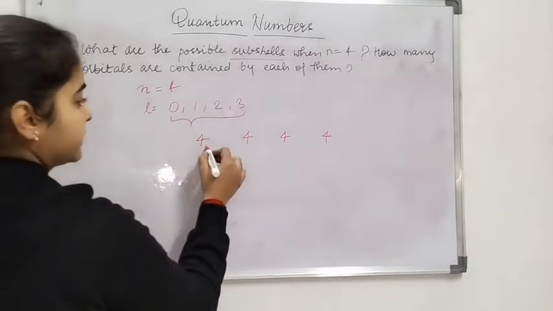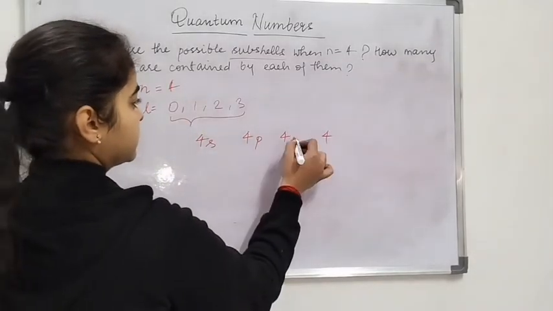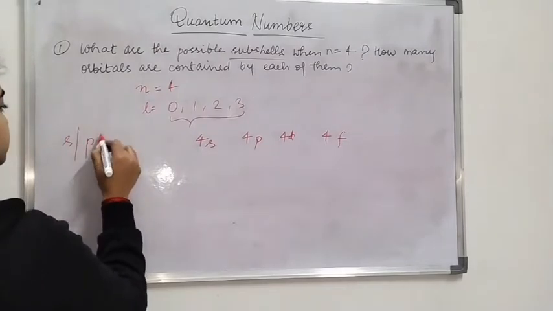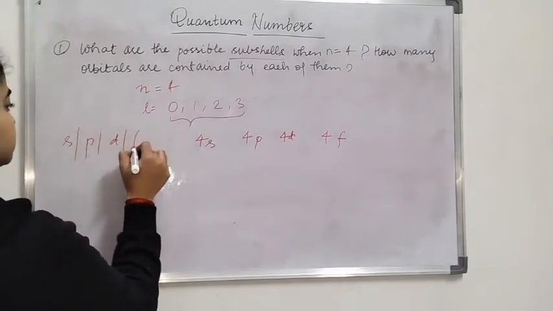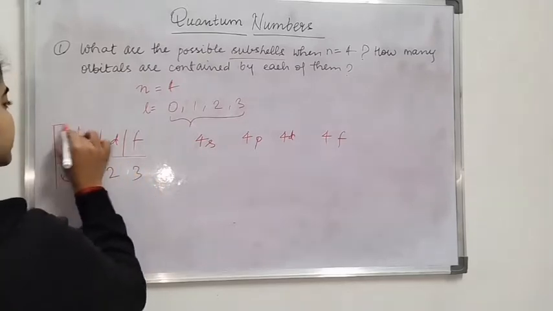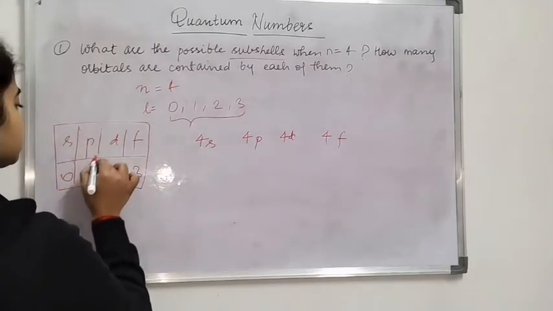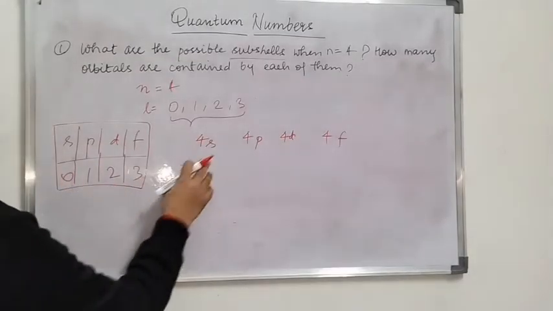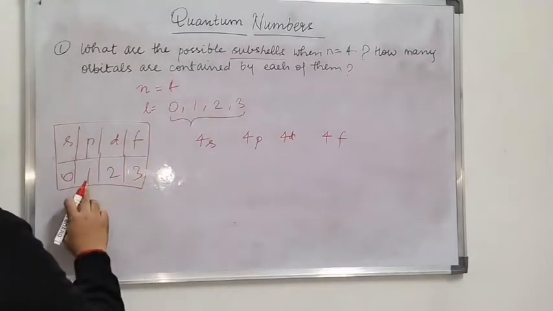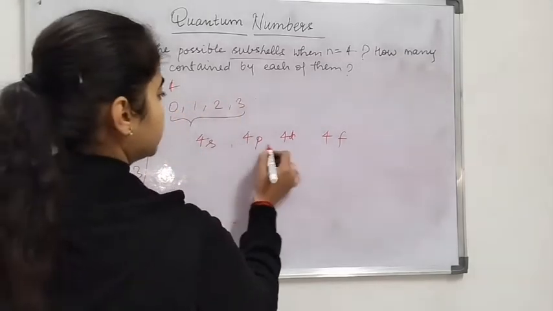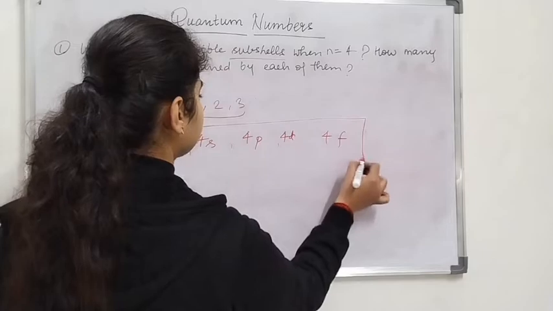Zero is for S, then P, D and F. These were the designations. So for 0 we write S, for 1 P, for 2 D, and for 3 F. So these are the 4 subshells.